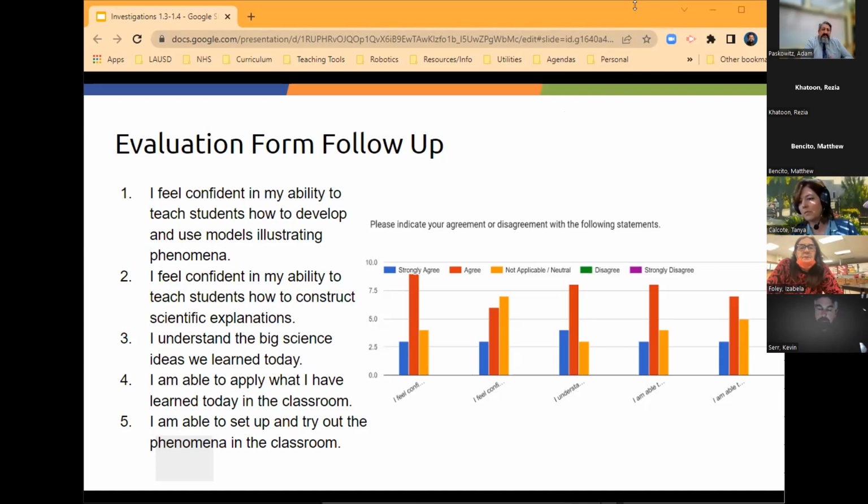Some things that people asked us to improve upon. We're adding a recording. We did that. So we will do that after every meeting. We will post the recording. We posted it on Schoology, and we also will make sure that we index those and post them on our website.